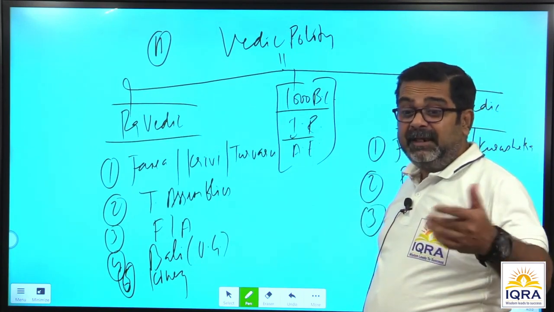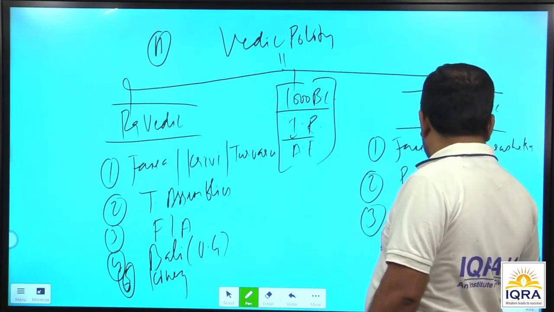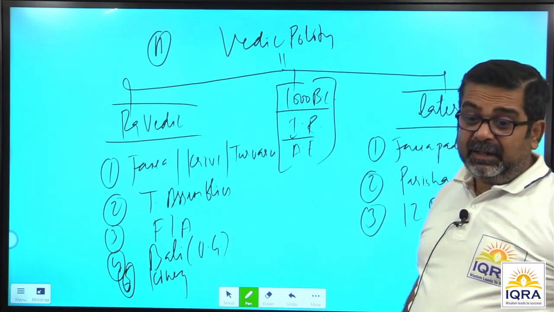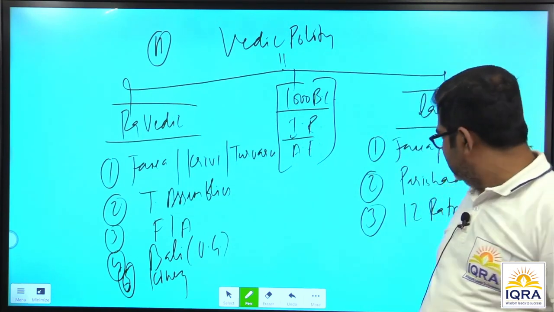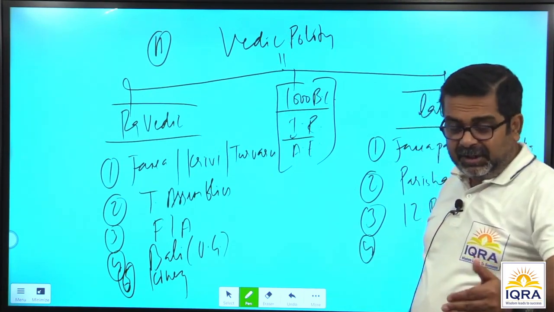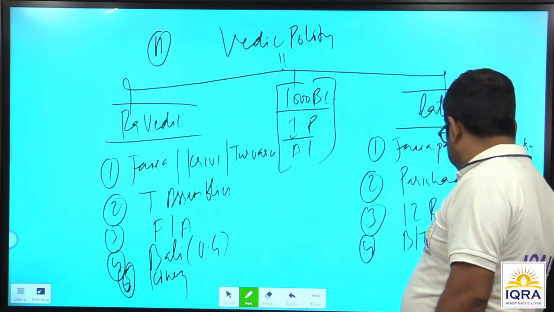Birth of administrative structure, 12 Ratnins. You cannot run a state without bureaucracy. 12 Ratnins, 12 officers. Now the state is there, administration is there, you have to pay the taxes. So birth of taxation system.